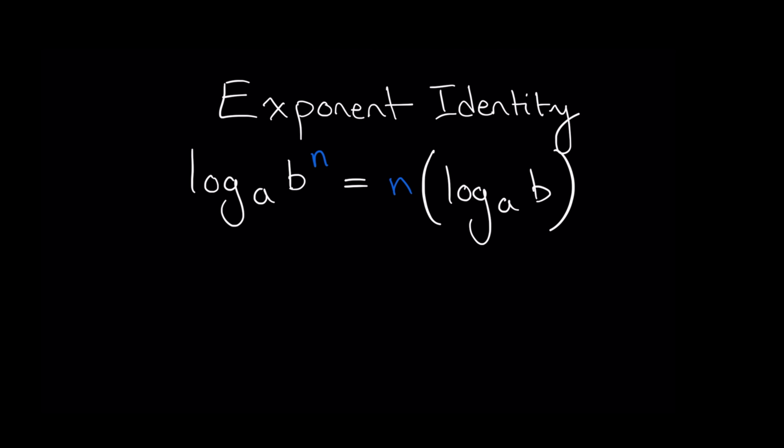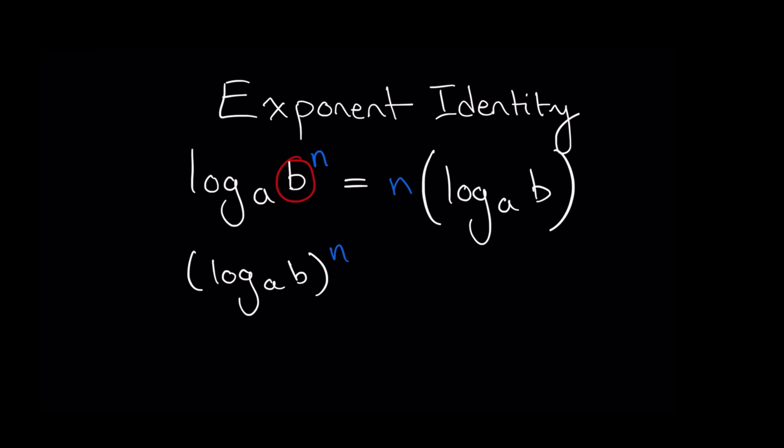And this identity is very useful for simplifying complicated logarithmic expressions and for isolating for variables, which we will do later on. But just for some key notes, the exponent n, in order for this identity to work, must only be applied to our argument b. It can't be applied to the entire logarithm, like something like this. As if this were to happen, then the identity isn't satisfied, so you can't use it in this case.